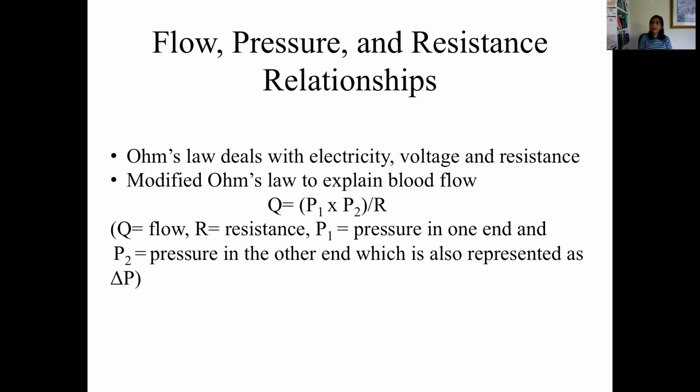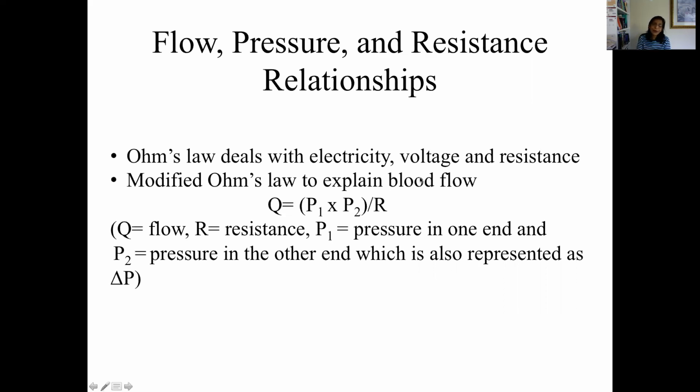All right, now we are going to talk about blood flow and the factors such as pressure and resistance and their relationships related to blood flow. Okay, so let's recall Ohm's law. Ohm's law is mainly to explain electricity, the flow of electrical charges, voltage, and resistance.